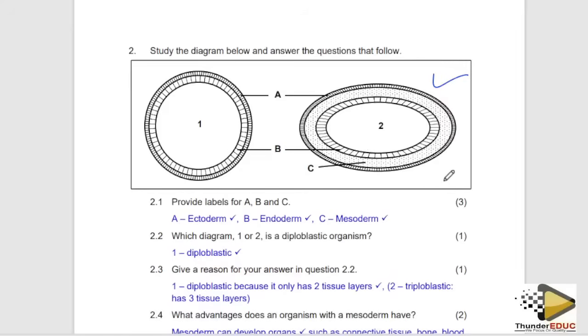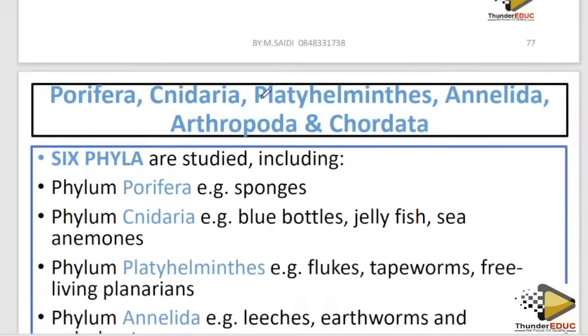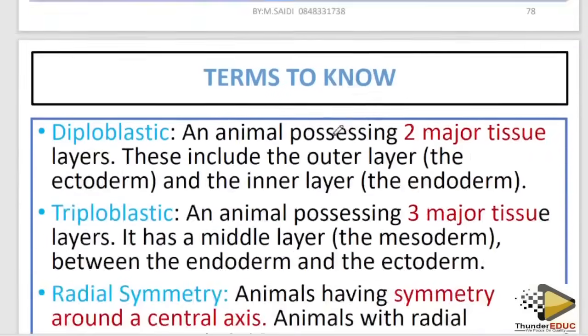Don't go to the paper without knowing these different layers. Ectoderm means outside. Endoderm means the inside one. Mesoderm means the middle one. So please don't go to the paper without knowing this.